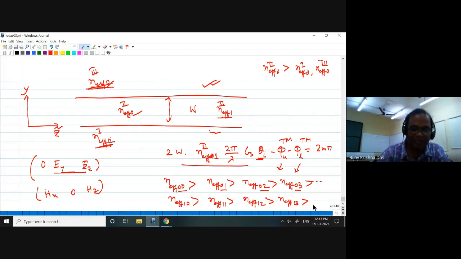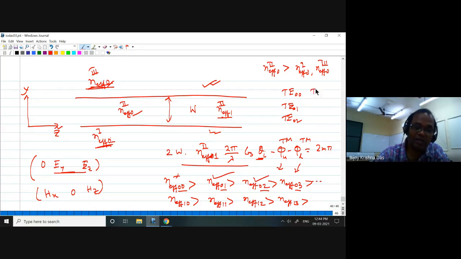So ultimately, for this 2D waveguide, we are getting solutions with 2 indices: 0,0, 0,1, 0,2, 0,3, 1,0, 1,1, 1,2, 1,3, and so on. That type of mode we will be calling a TE-like mode: TE 0,0 corresponding to this solution, TE 0,1 corresponding to this one, and TE 0,2 corresponding to this one.